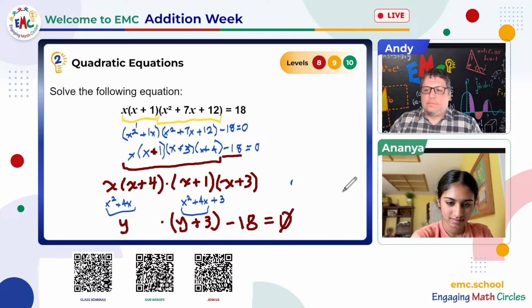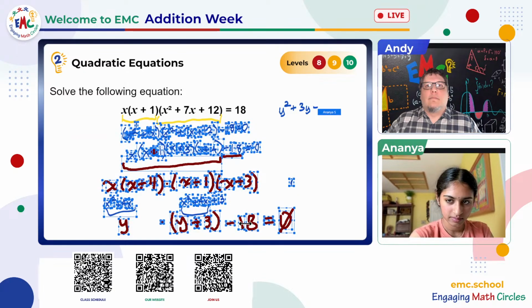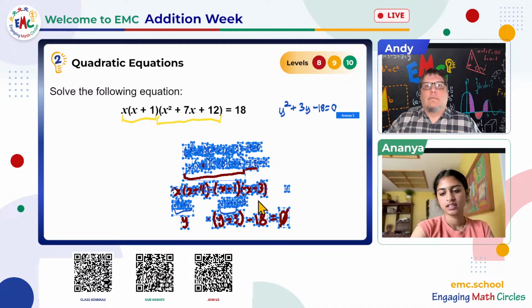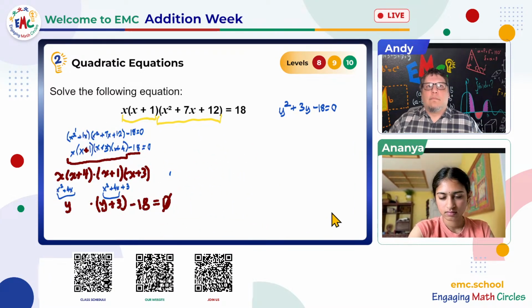So that's y squared plus 3y minus 18 equals 0. And then, adds to the middle, multiplies to this.